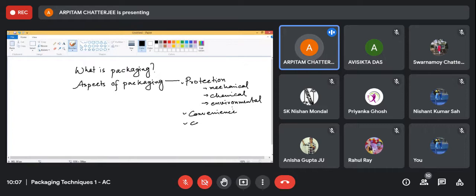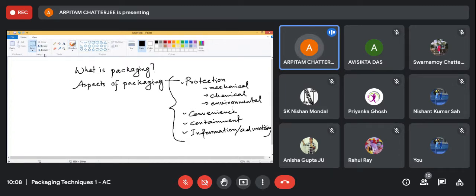We also had containment, and we had something like information slash advertising. So these were the major aspects of packaging.